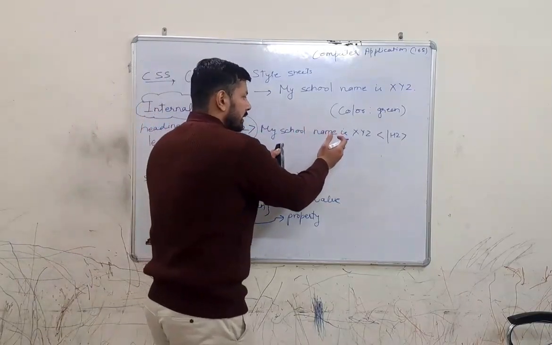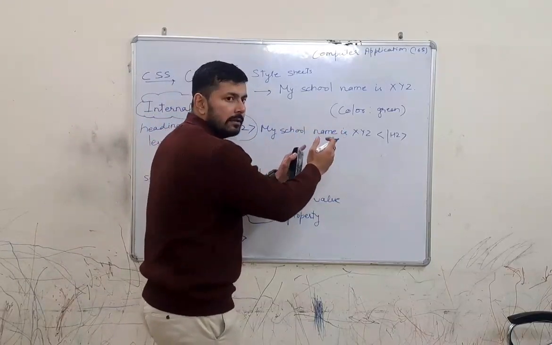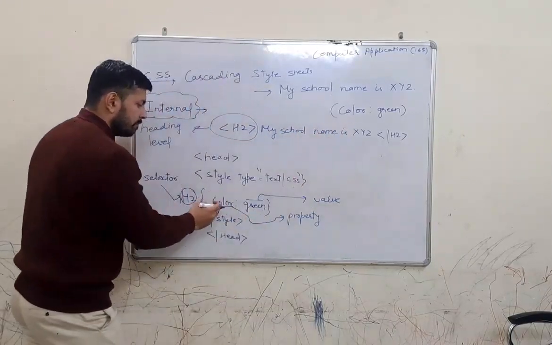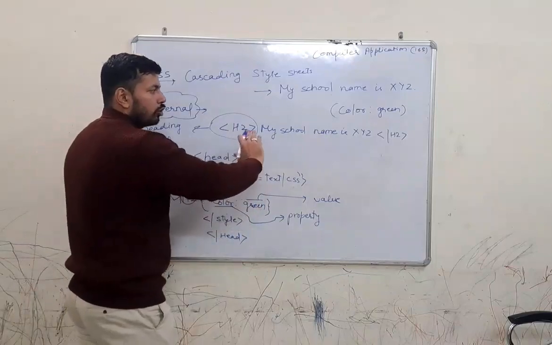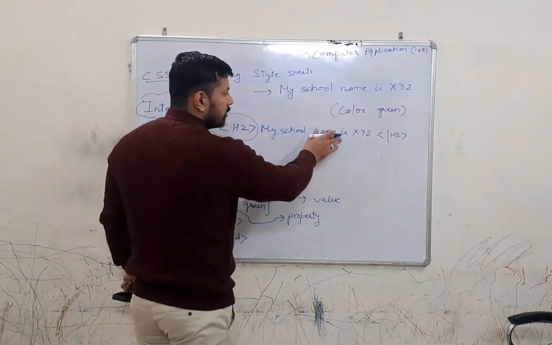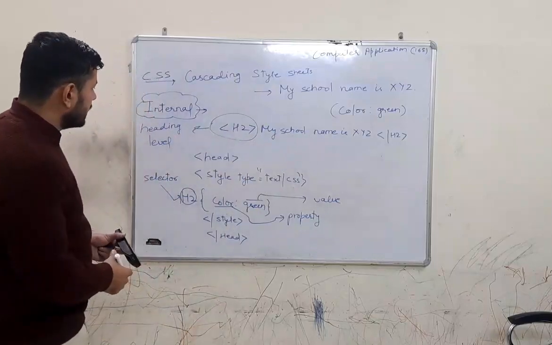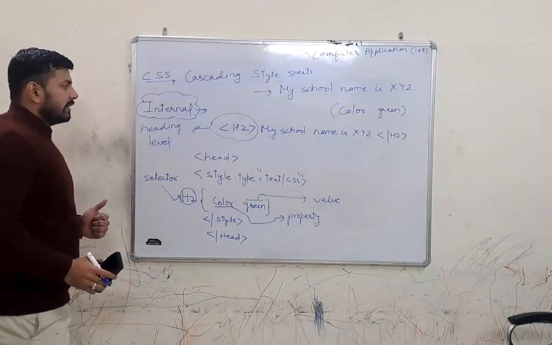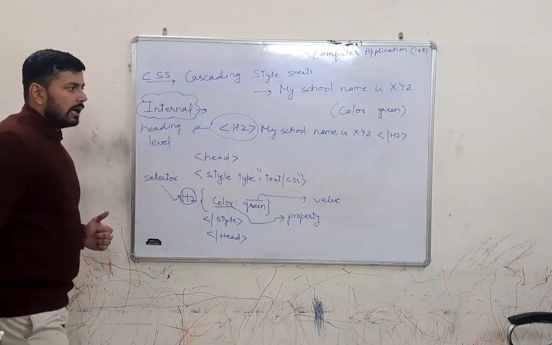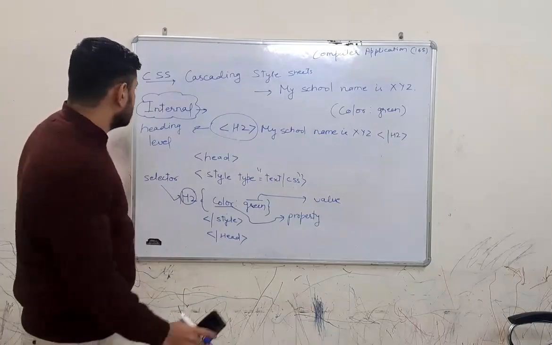What is written inside this tag? My school name is XYZ, and the color green will automatically apply to this sentence only. Is it clear? Now let me explain what is inline, then further I will explain external CSS.